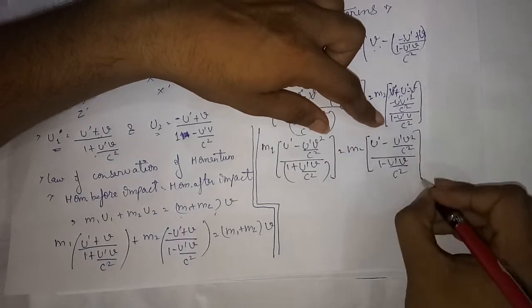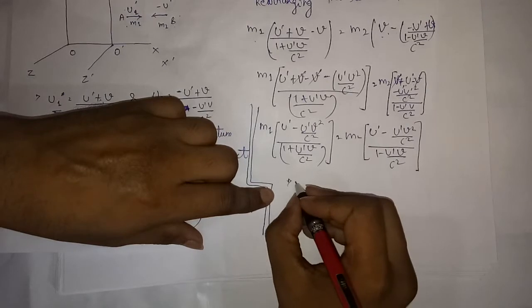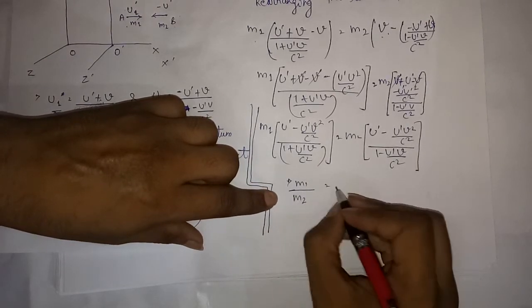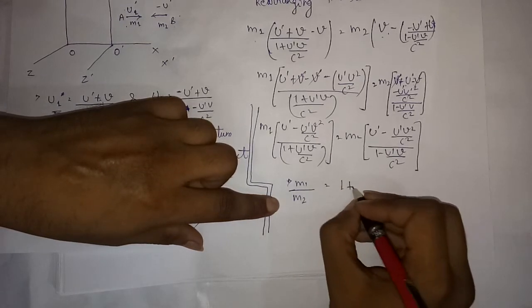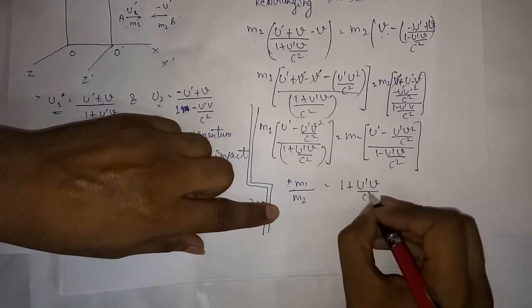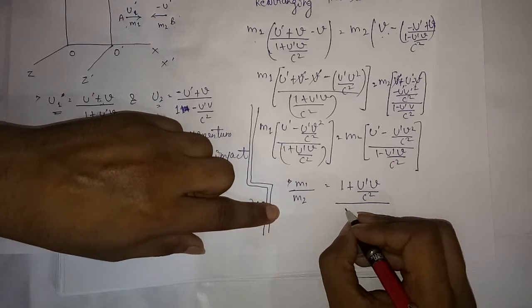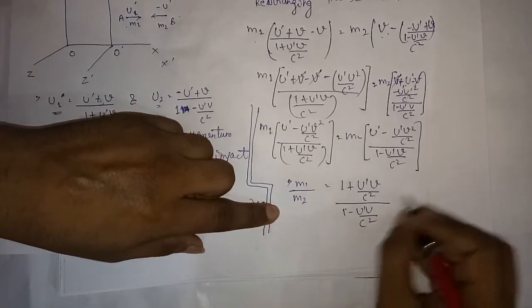Okay gentlemen, now we are left with m1 upon m2 equal to 1 plus u dash v upon c square, whole divided by 1 minus u dash v upon c square.